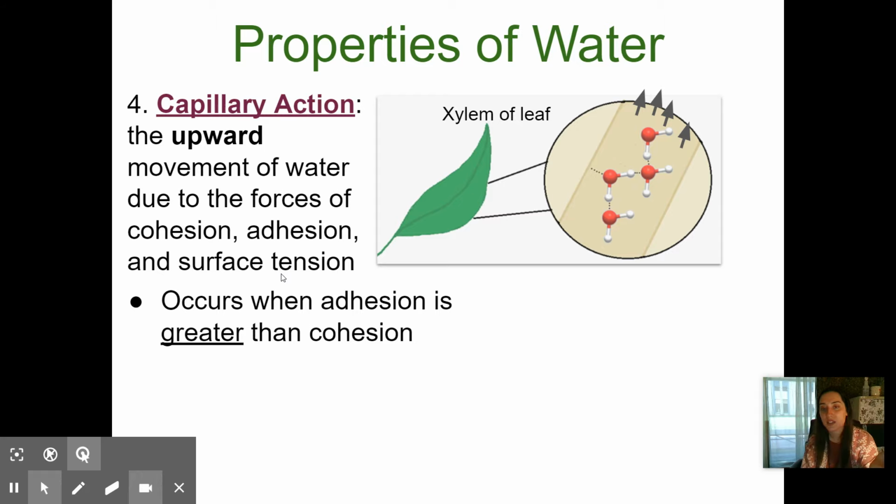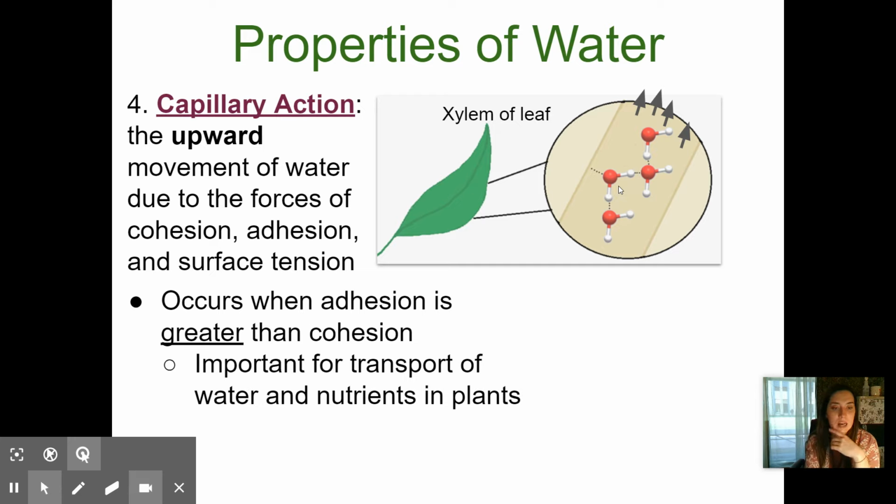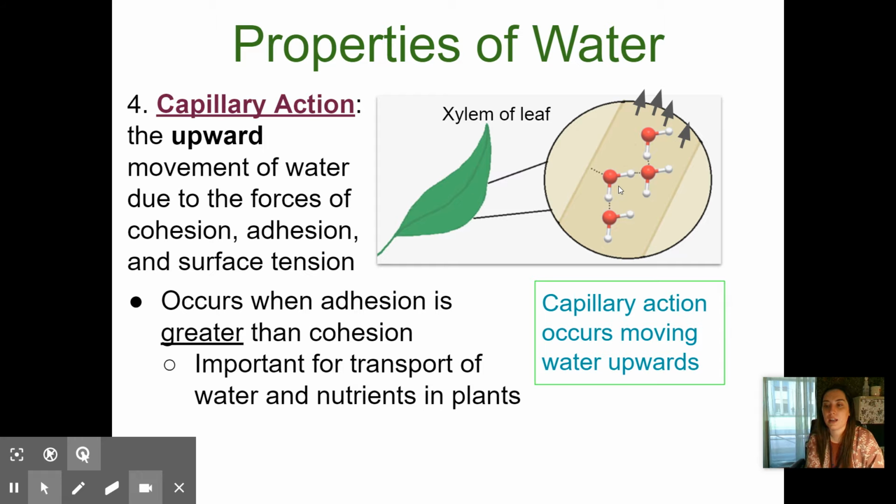So adhesion has to be greater because it needs to stick to the walls more so than it sticks to the water. Because if the water molecules were more attracted to each other and less attracted to the xylem walls, then they would just sit at the bottom and stick to each other and not to the walls. So it's important for transport of water and nutrients in plants, and capillary action occurs moving water upwards. Okay.